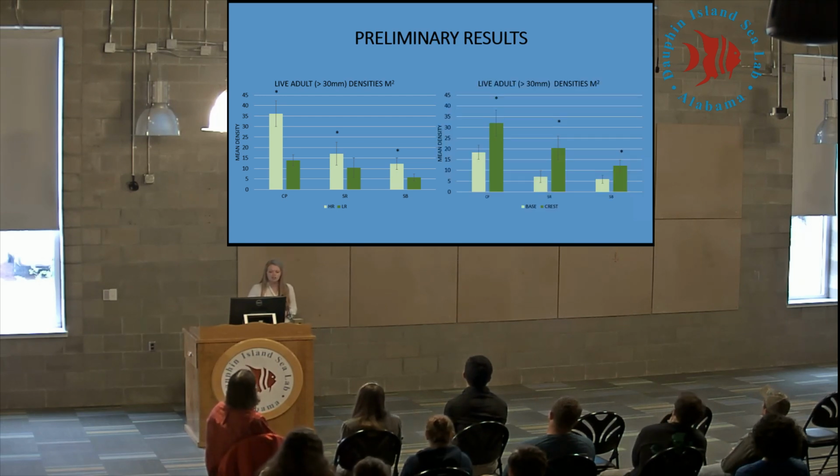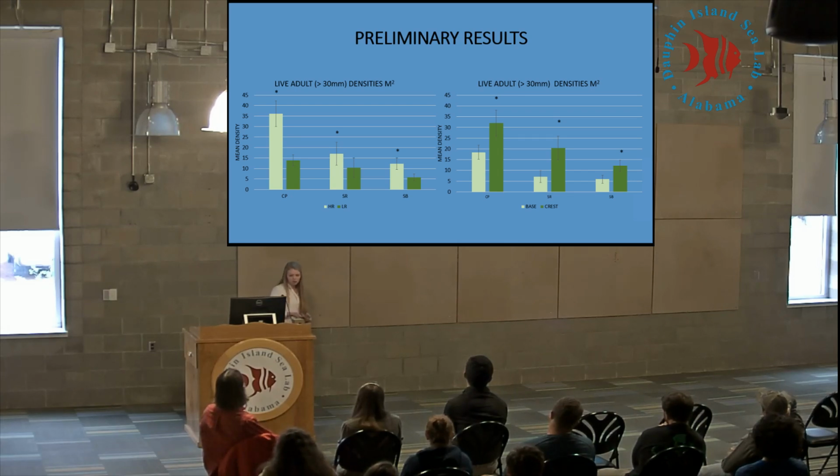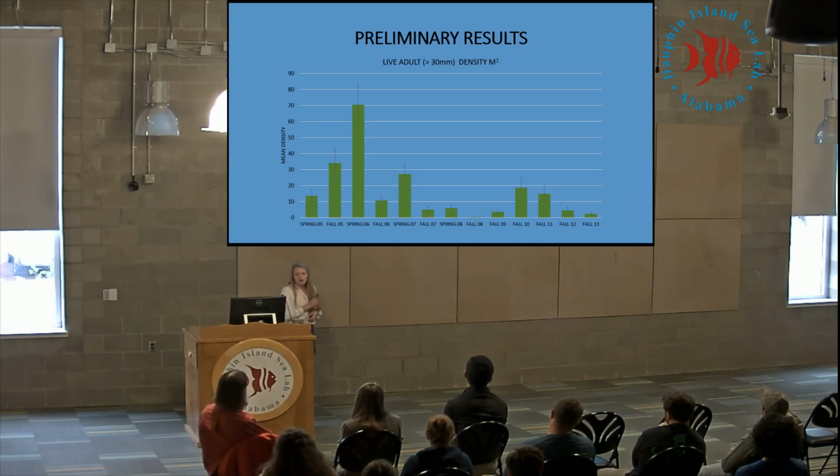So far, I've just been using some of the data that I have, and I have found that when looking at live adult densities, mean densities, the high relief reefs, which are the lighter green, the densities are significantly greater on those reefs versus your low relief reefs at each site. This also can be seen when you look at crest versus base.